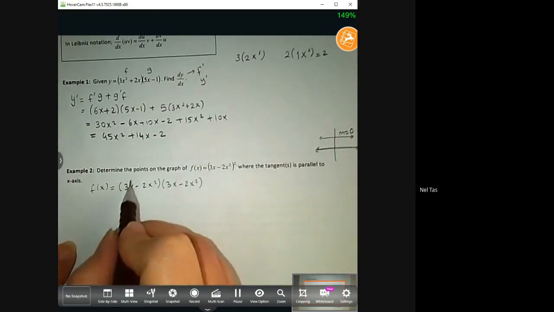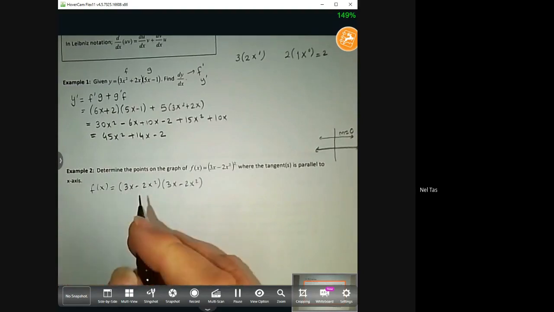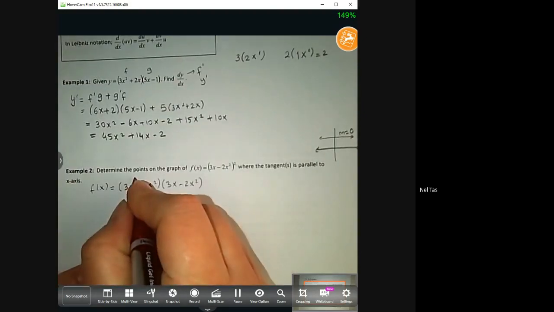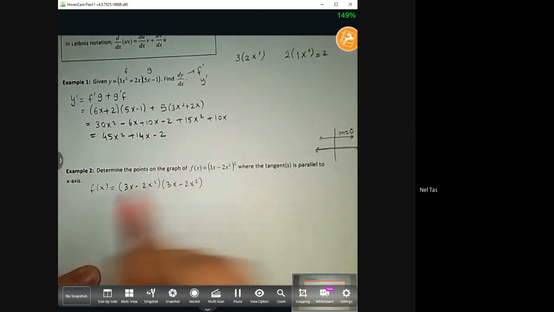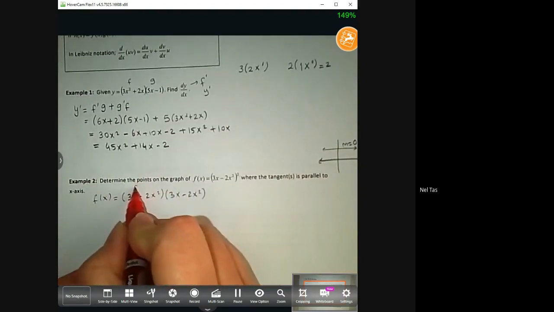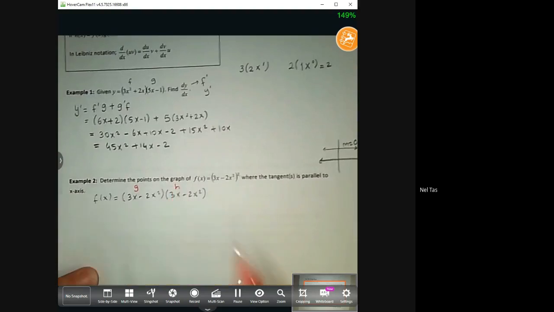So again, this time, let me do it with 2 colors. So this is your f. Since this is f, you can call it anything else. So I'm going to call this, let's say, g function and h function.